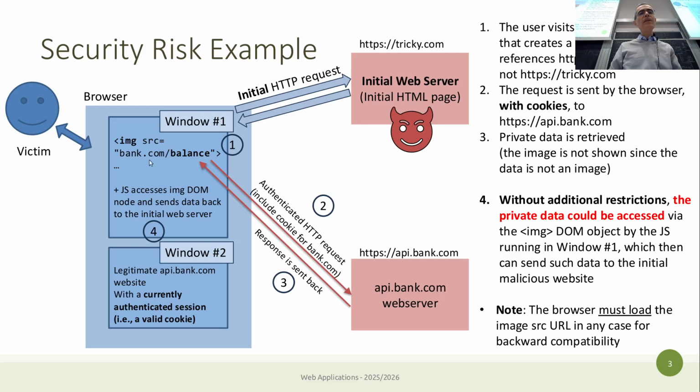And let's assume that these URLs are short just for convenience, to show on the slides, but they can be long. We don't really care. We can adapt to any URL. And let's assume that at api.bank.com/balance, you can access the balance of your bank account, okay?